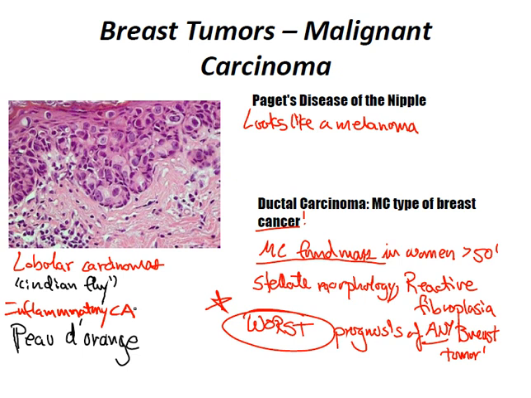This has a very poor prognosis. Now, invasive carcinomas, they have a better prognosis. So let me clear some of this out so we can talk about that.